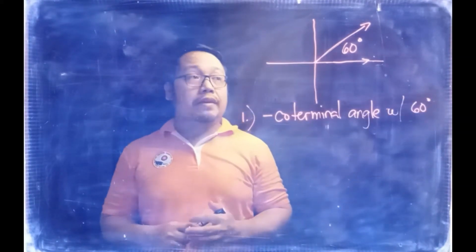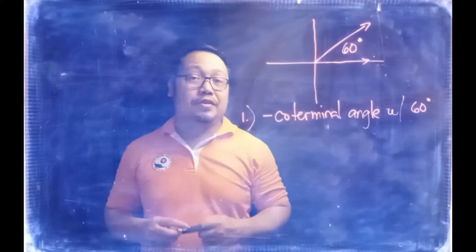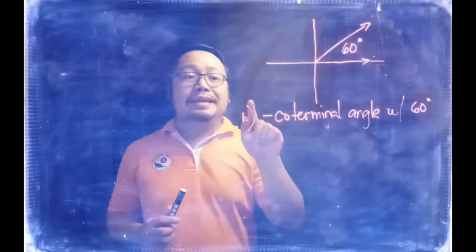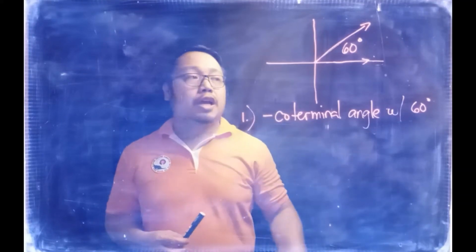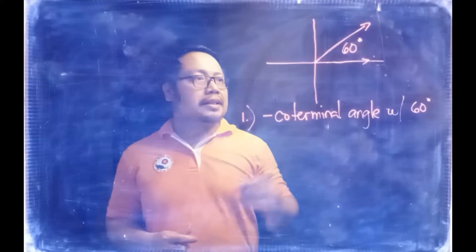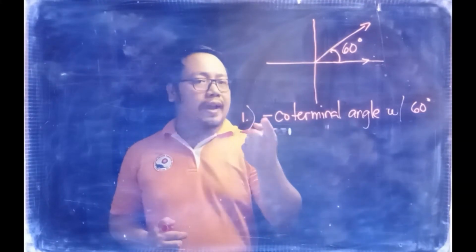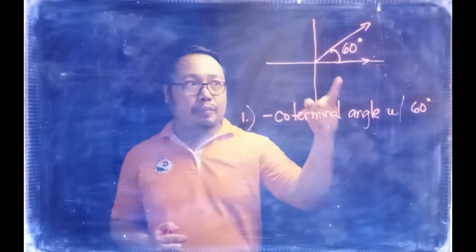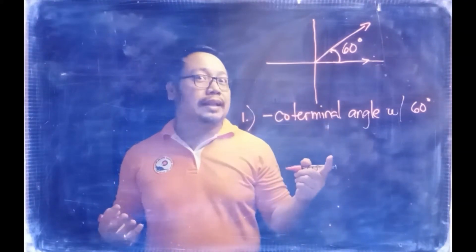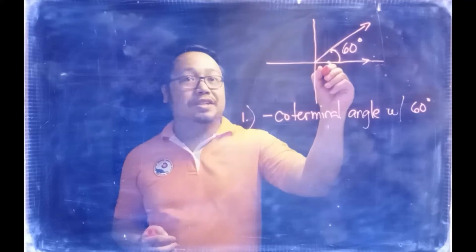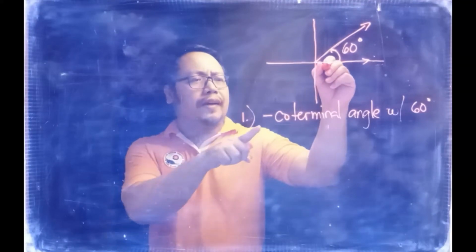This time, we're given a positive 60 degree angle and we are to find the negative coterminal angle with 60 degrees. Again, if this is positive 60 degrees and we are to find the negative coterminal angle, coterminal angles share the same initial side, but we are to find the negative.